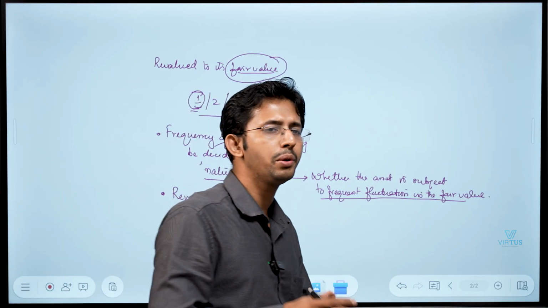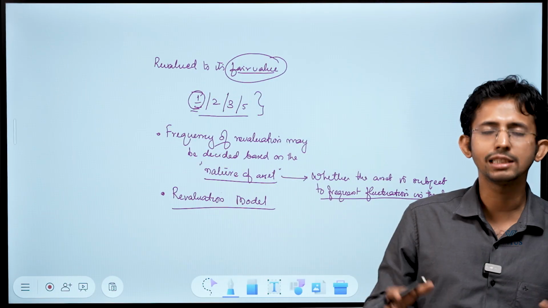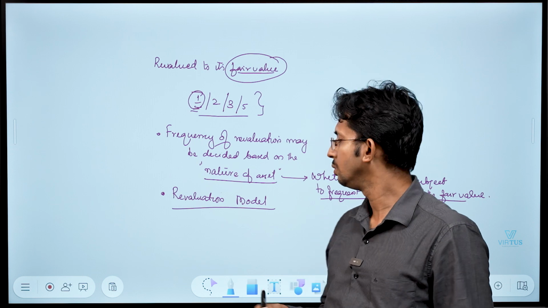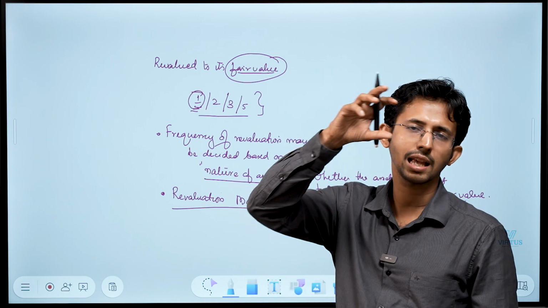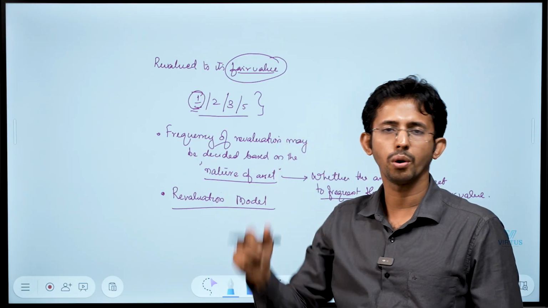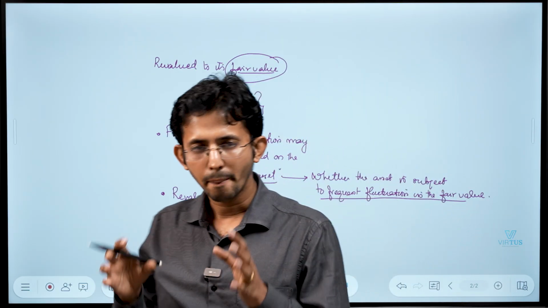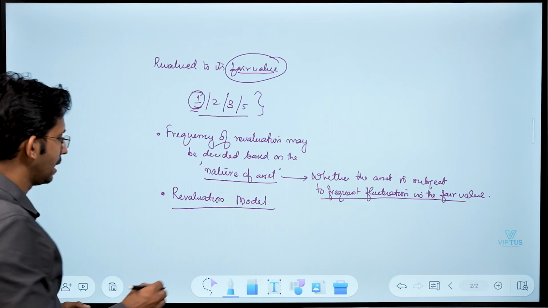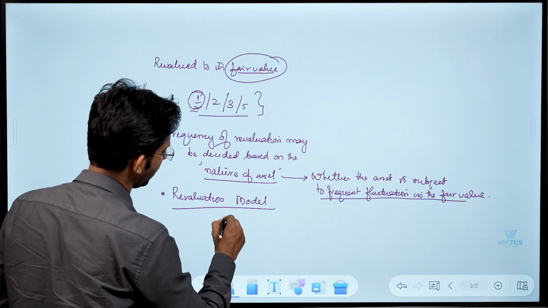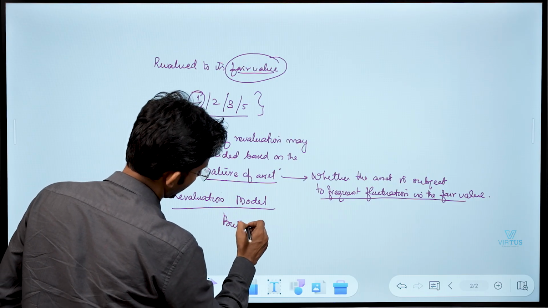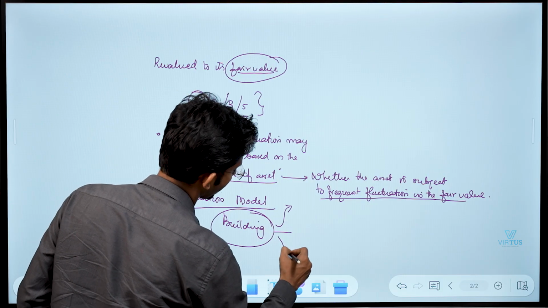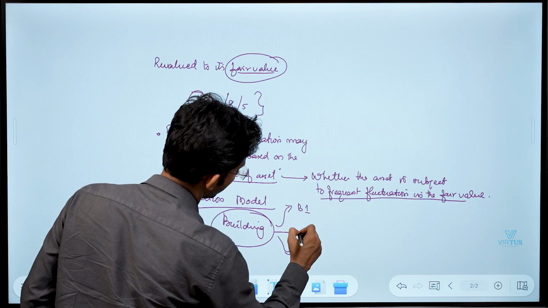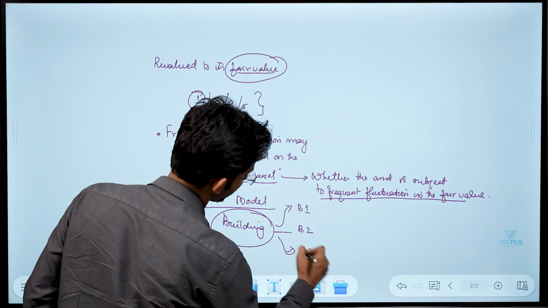So depending upon the type of asset and your judgment about the change in the value, you can decide which classes are carried under the revaluation model and which classes follow the cost model. But once you decide on a particular asset class, let's say building, suppose you have 3 buildings: building 1, building 2 and building 3.